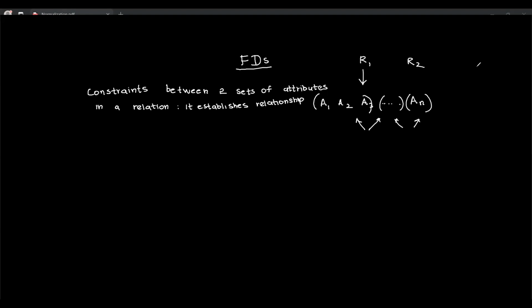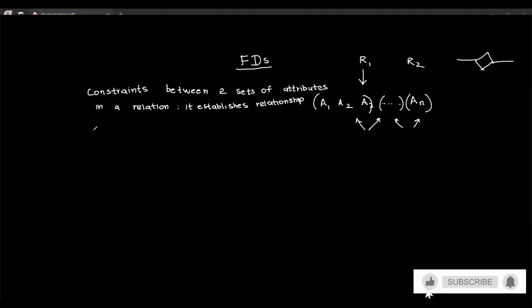We normally say a relationship creates interaction between two entities. Now we are diving deeper. We are speaking for a single entity, or in this case, a single relation. Inside this relation, we have multiple attributes and we can put them in sets. And an FD creates a relationship between these sets of attributes. That's what we are going to learn.